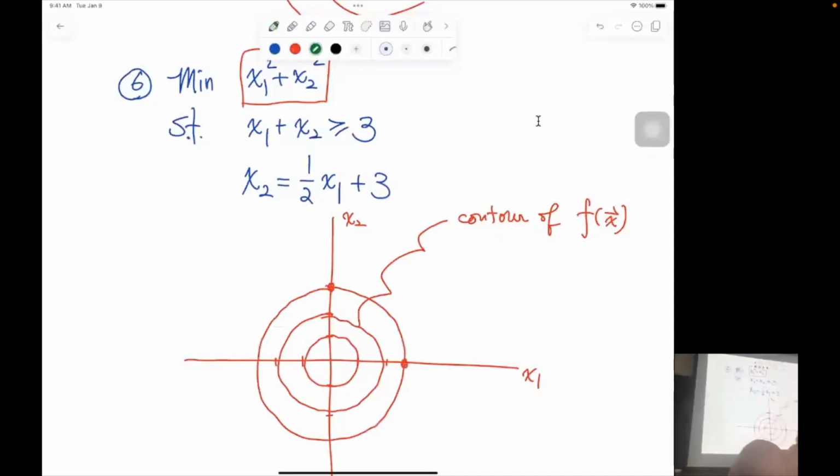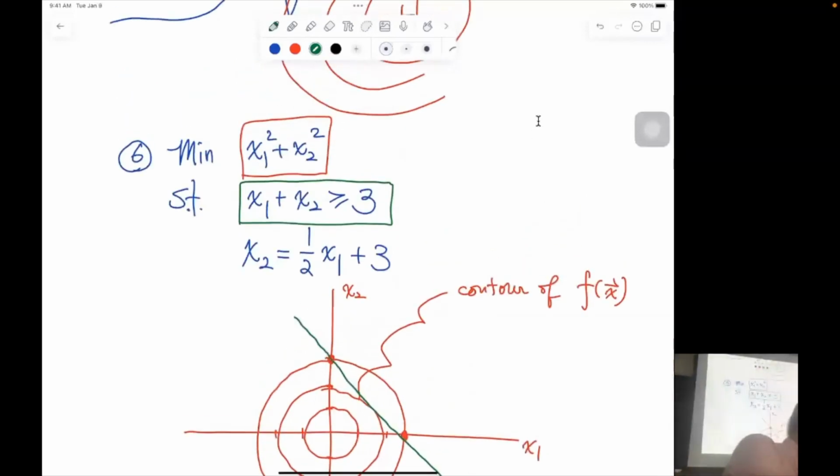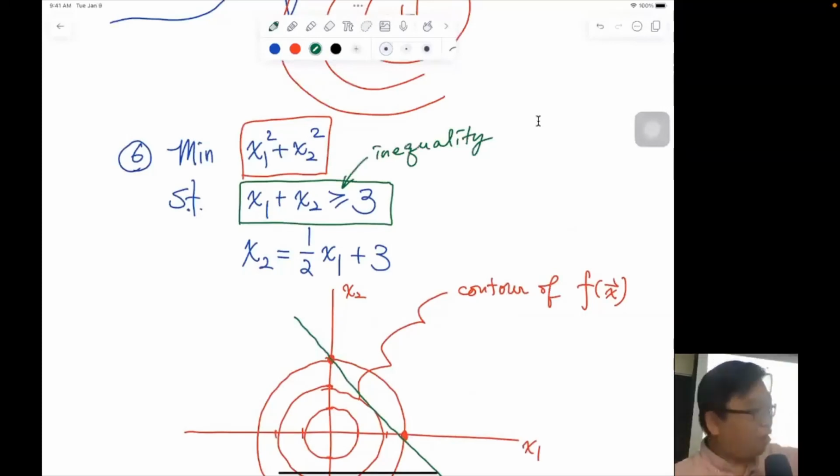If I draw a straight line passing through those 2 points, that's actually representing this equation. However, this time I'm not using equality, I'm using inequality. This means inequality. So 1/2 of the design space is good design.